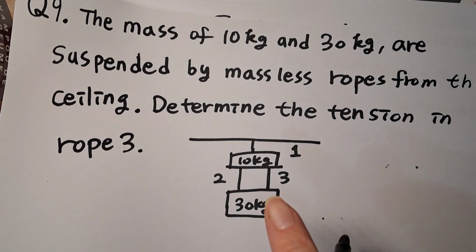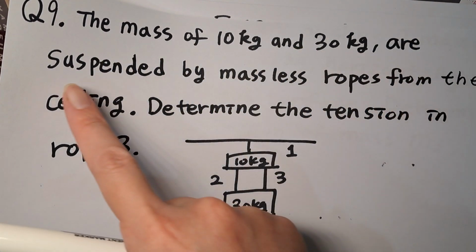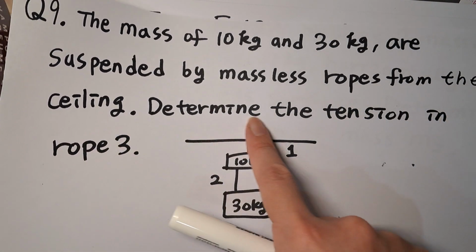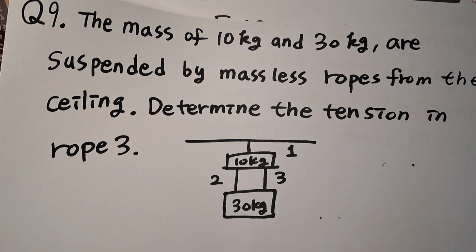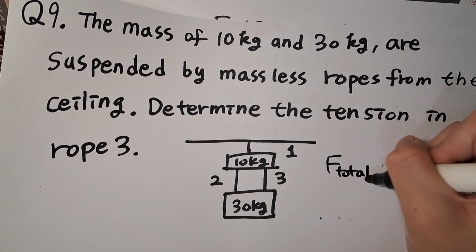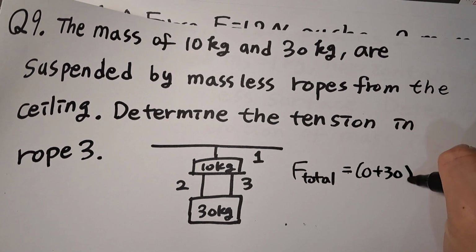The masses of 10 kilograms and 30 kilograms are suspended by massless ropes from the ceiling. Determine the tension in rope 3. So the total force is going to be this.